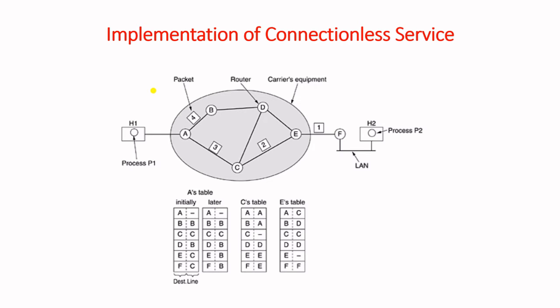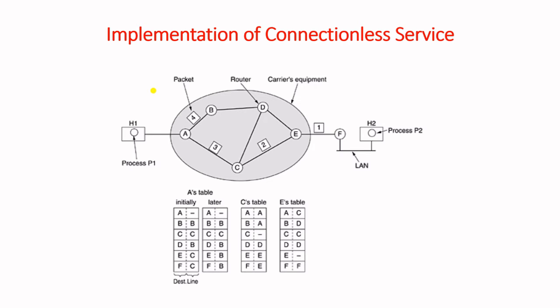Initially, A, B, C, D, E, F are shown in the first column. These represent the routers. From A to A, no next node is required. But if A wants to go to B, it will use B as the next node. So in the destination column there is B in the second column of A's table.